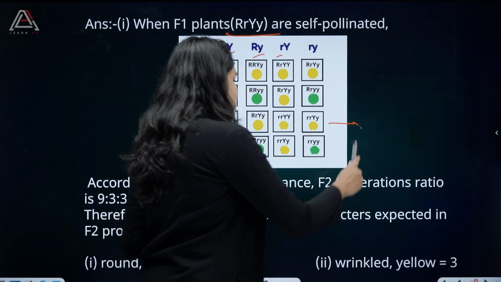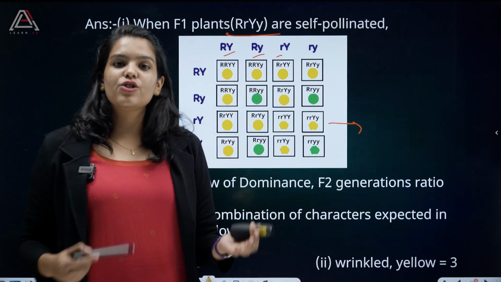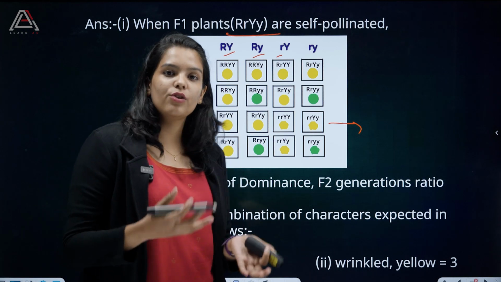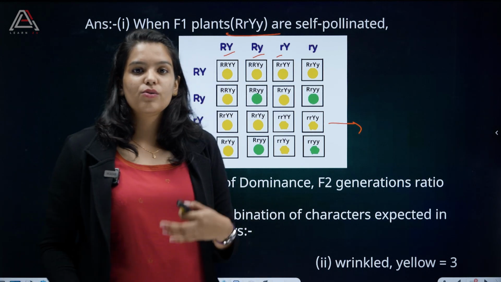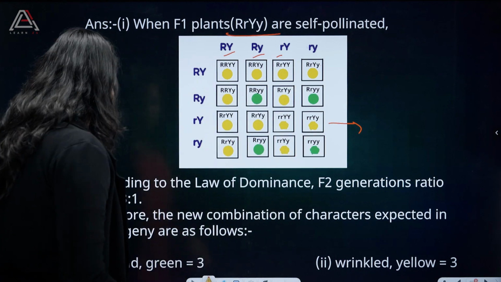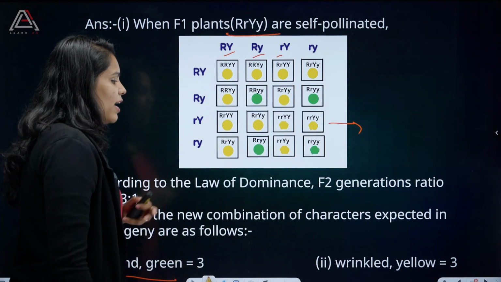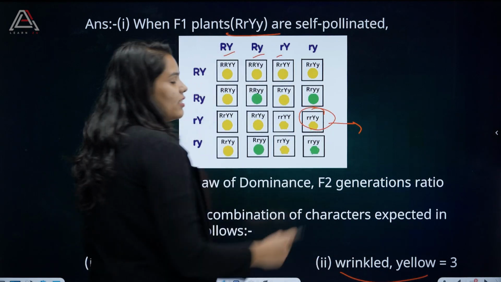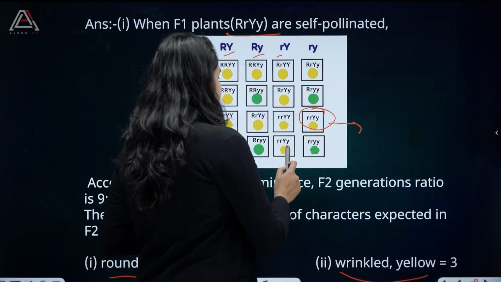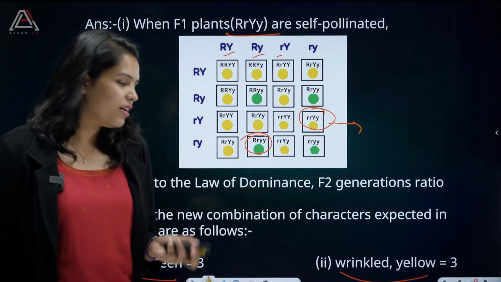Out of them you have to find which new characters are produced. The new characters produced in this cross are the round green plant and the wrinkled yellow plant. You can see this one is the wrinkled yellow plant and this one is the round green plant, right?